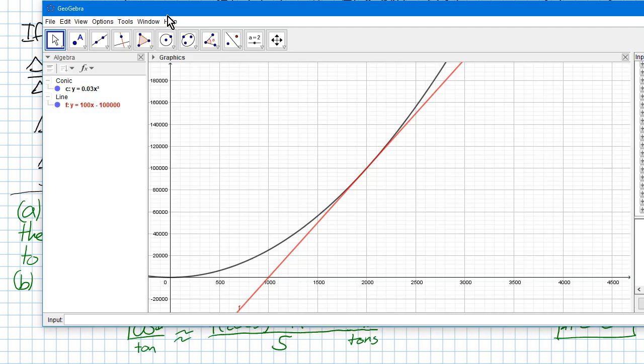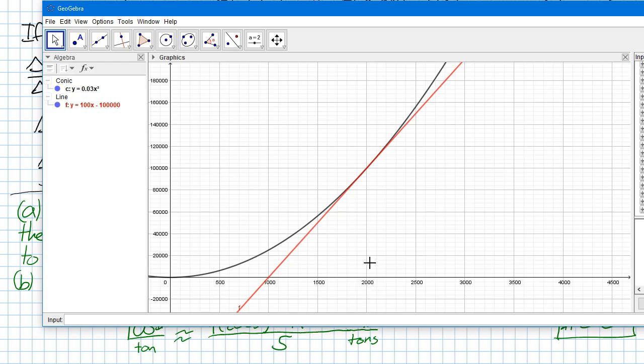I just wanted to jump in here from the future in the middle of my previous explanation to explain that fact I just said in a little bit more detail. Why is it okay to assume that it's about linear for values near 2000? I just made up a function, about 0.03x squared, that might be this cost function.